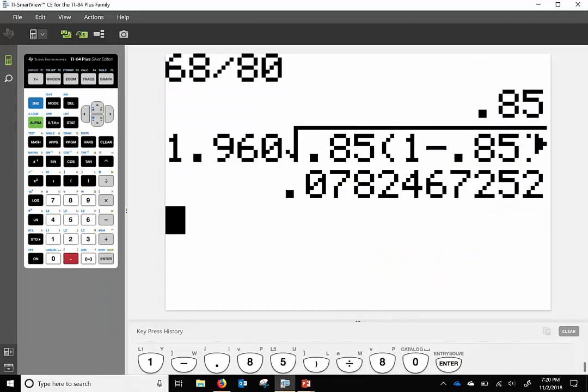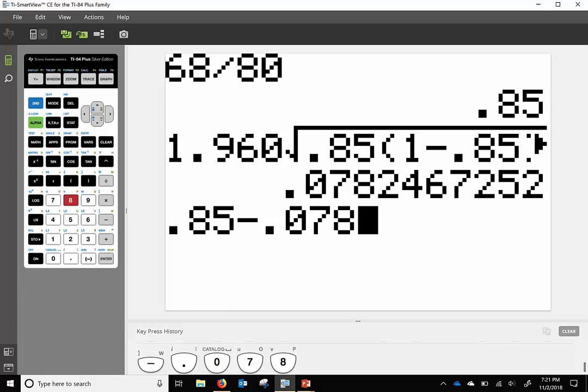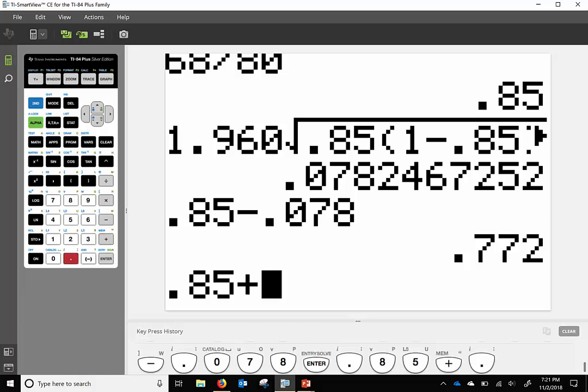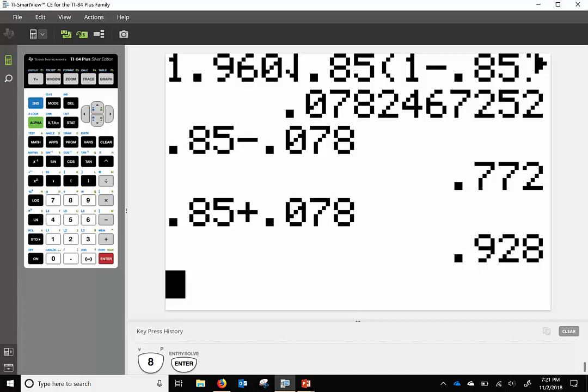Okay, so we take 0.85 minus 0.078. Okay, that's our lower bound. Let's get the upper bound. All right. 0.772 up to 0.928.